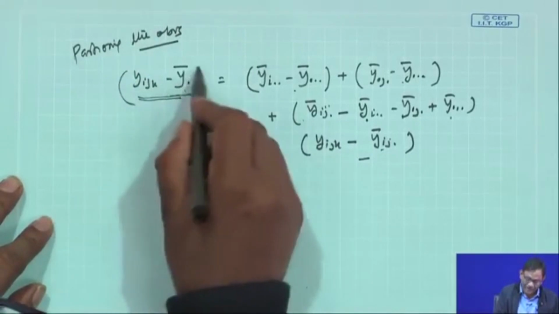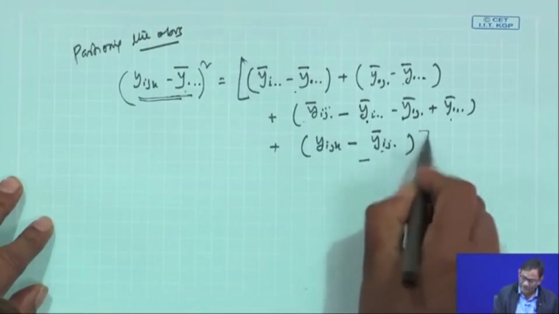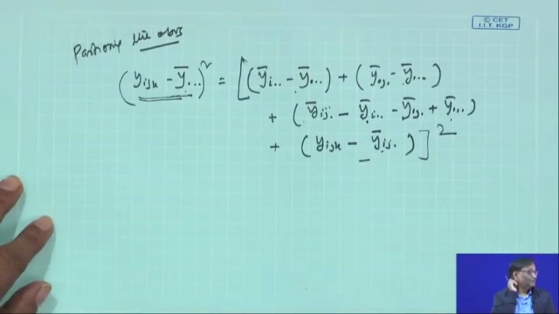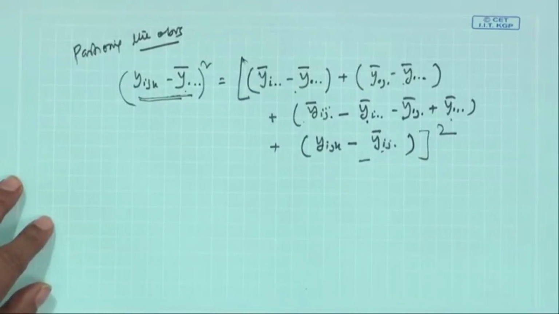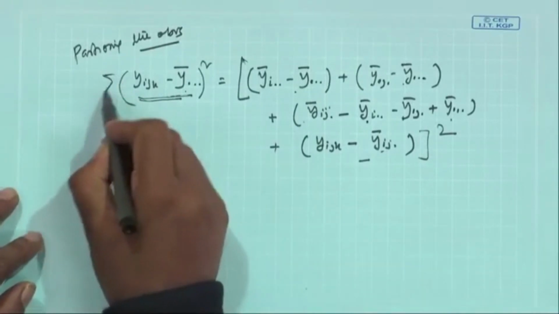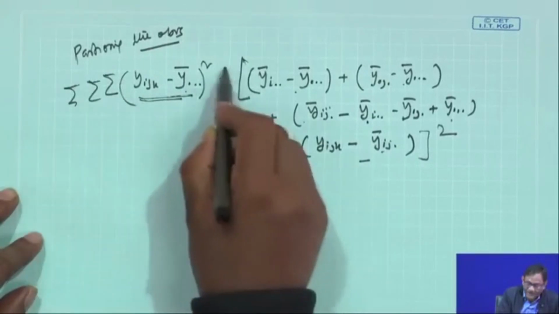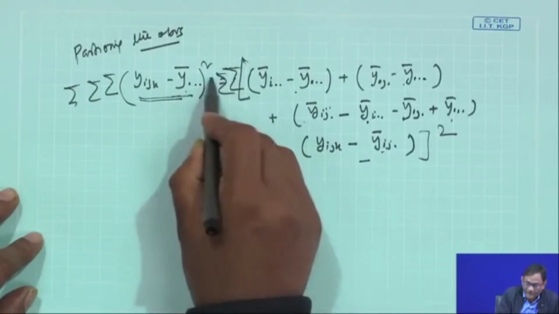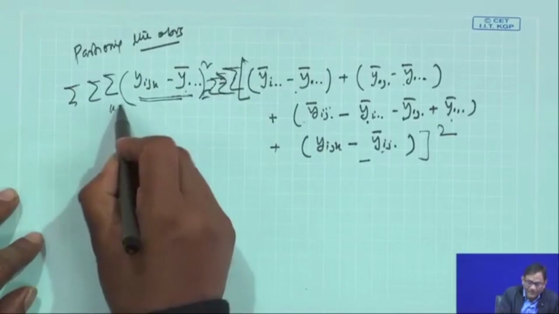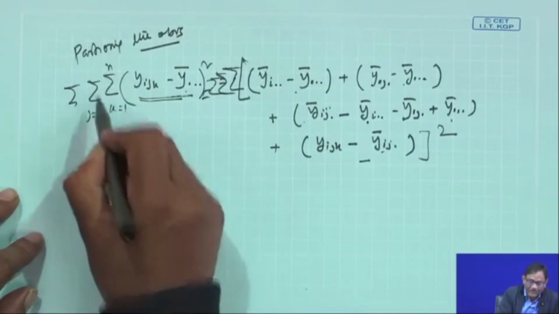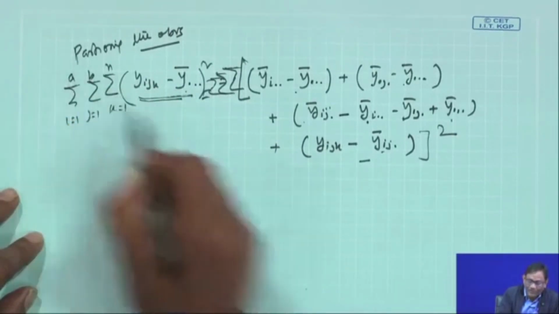So, this is known as partitioning the observations. So, you can square it and take the sum over i, j, k: k equal to 1 to n, j equal to 1 to b, i equal to 1 to a.